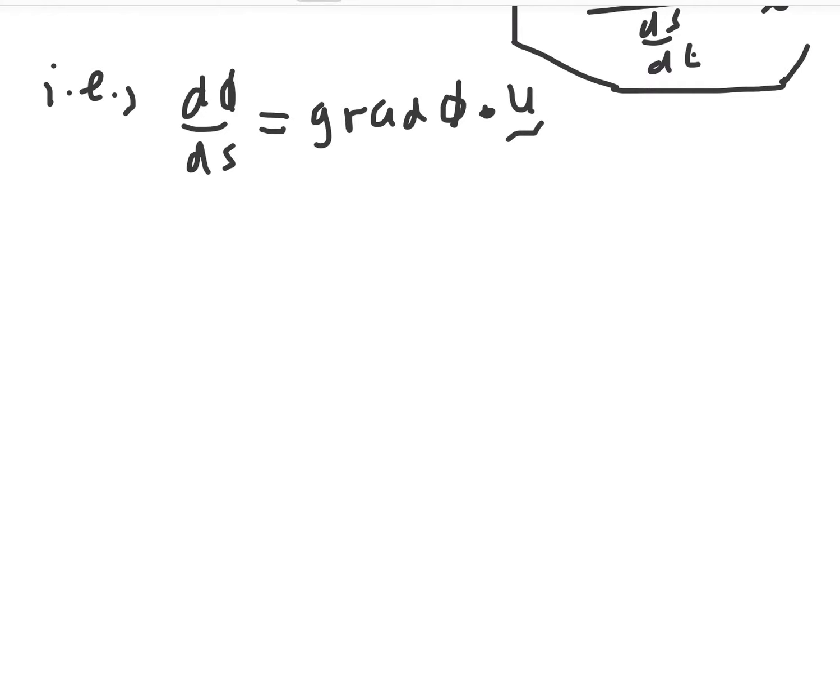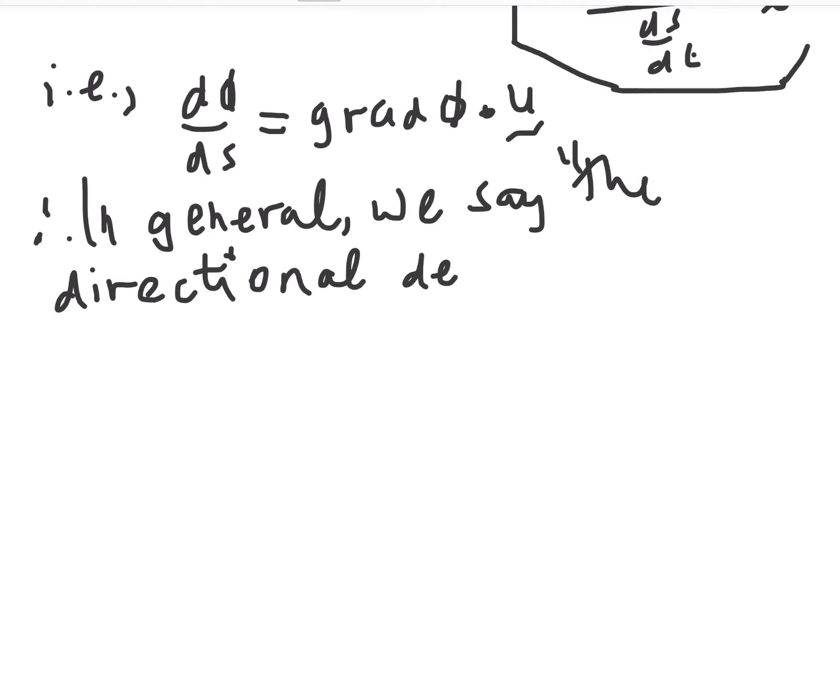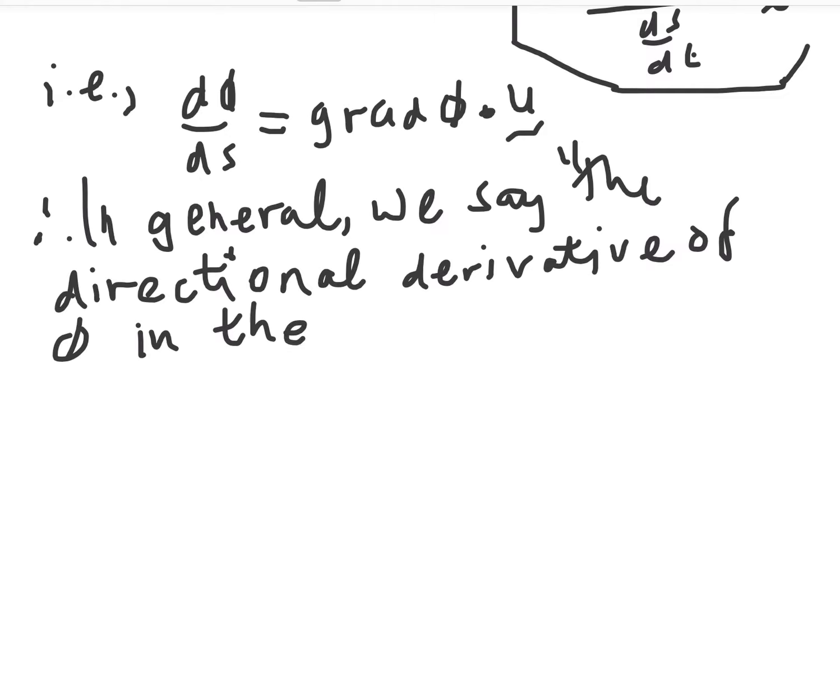So in general, just to put it in words, we say that the directional derivative, and you can regard this as a definition if you want, of the function phi, remember phi is here a function of x, y, and z, and this is important, is, as the phrase suggests, in the direction of some vector.